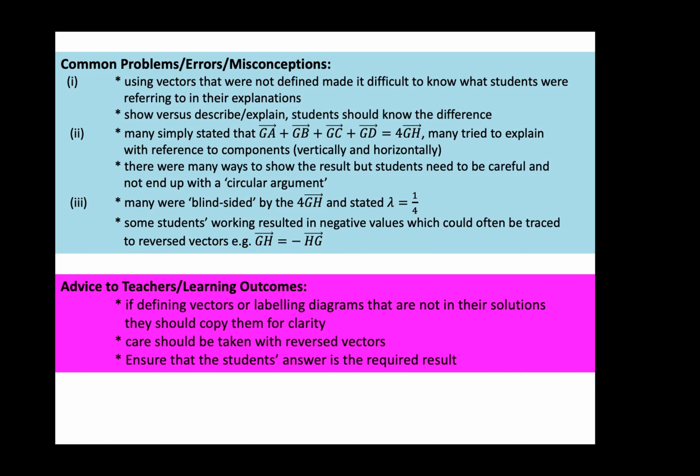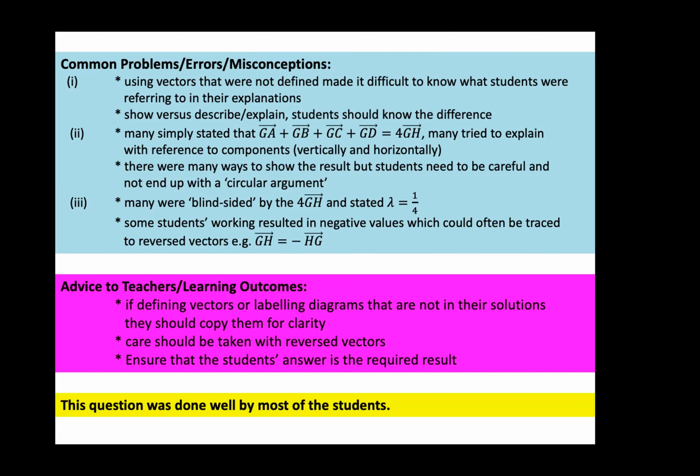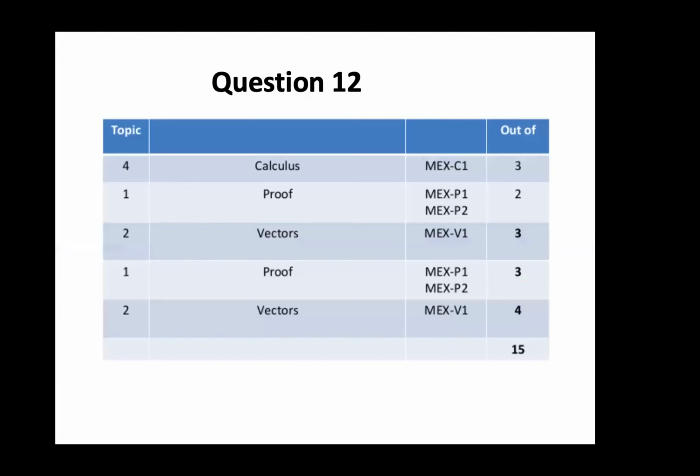I suspect many students wrote on their script on the exam paper, but didn't copy this information into their exam booklets. Care should be taken with reversed vectors and ensure that students' answers is the required result. This question was done well by most of the students.